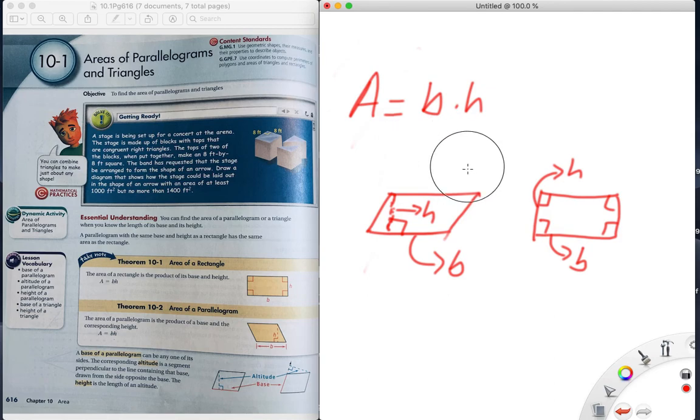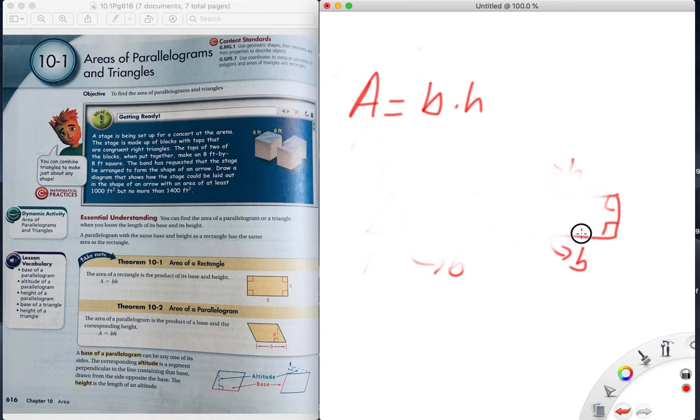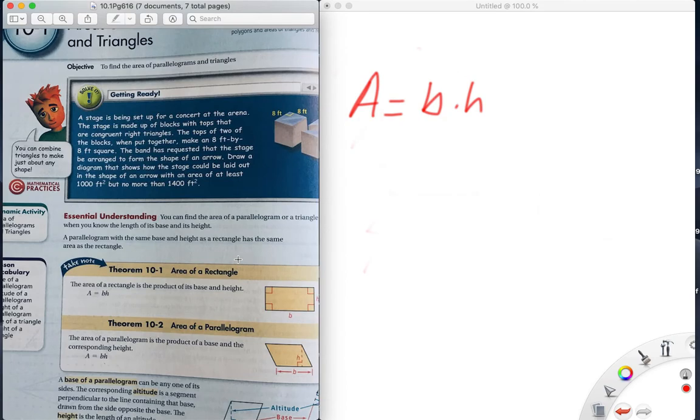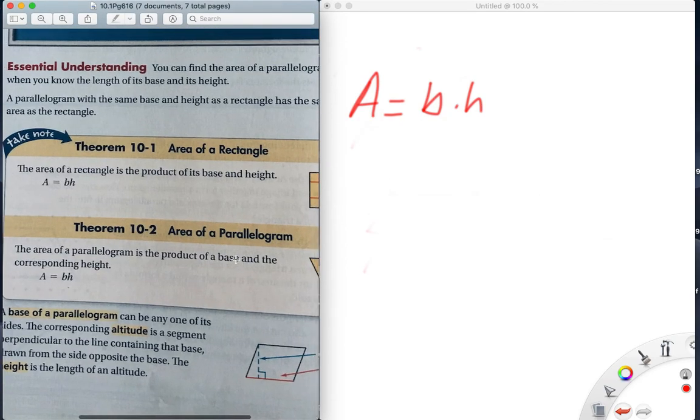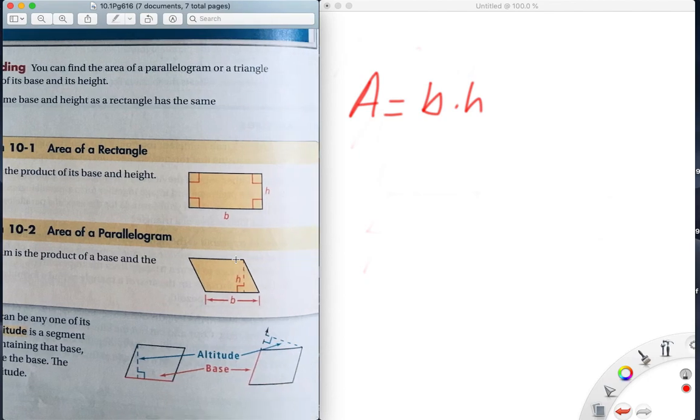When we talk about parallelograms, a parallelogram can have two bases and two heights. The altitude and the height are the same thing.